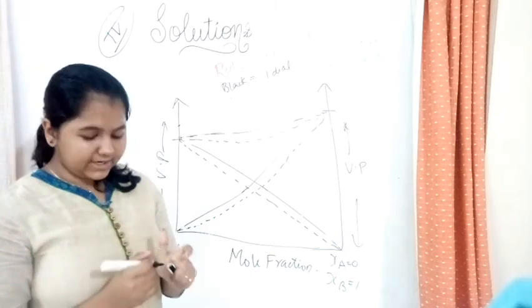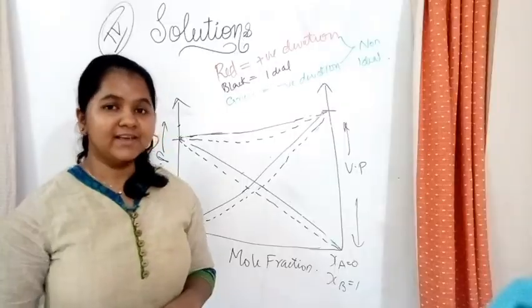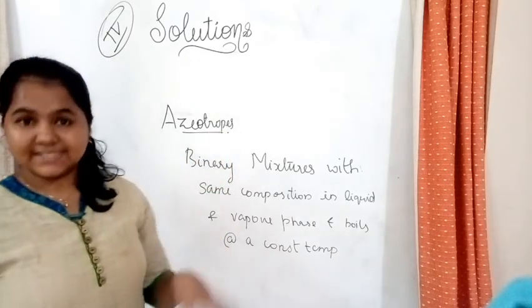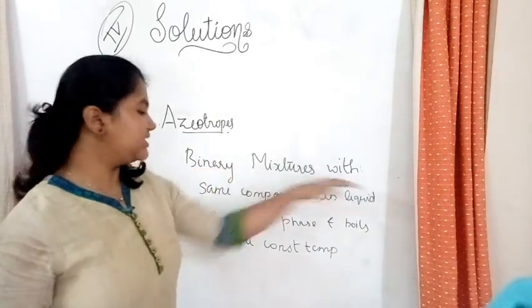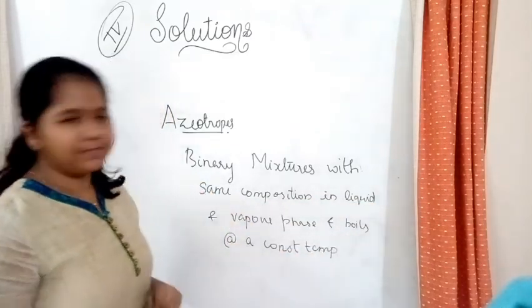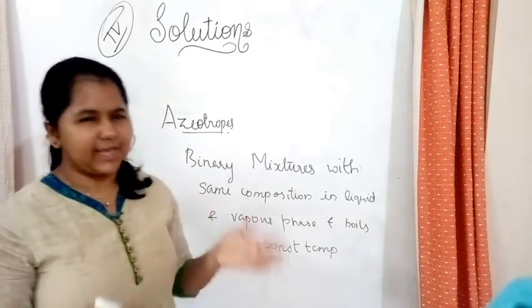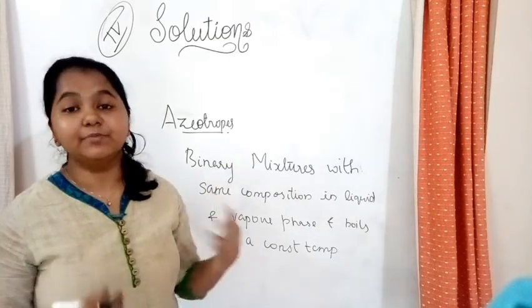So now we have to learn about something known as azeotropes. Before discussing azeotropes, this is how the graph will look. So what are azeotropes? Binary mixtures with same composition in liquid and vapor phase and boils at a constant temperature. So, what is a binary mixture? We discussed the types of mixture on the basis of the number of components.